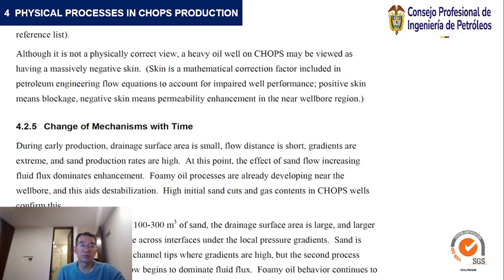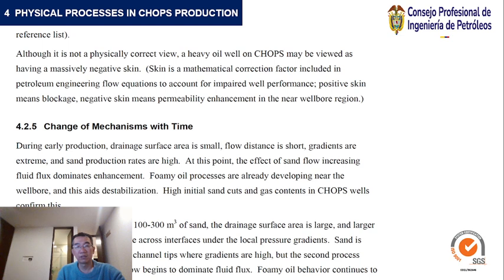During early production, drainage surface area is small, flow distance is short, gradients are extreme, and sand production rates are high. At this point, the effect of sand flow increasing fluid flux dominates enhancement.